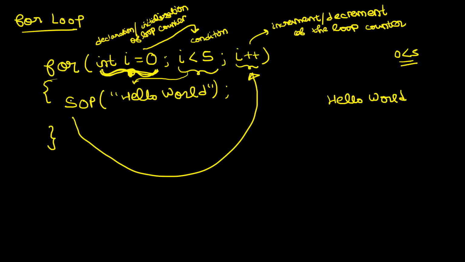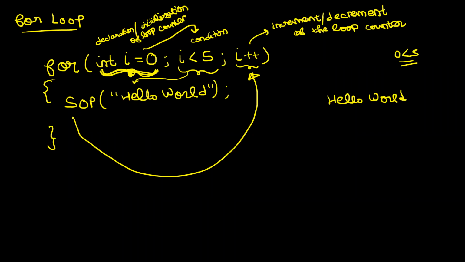Once you have executed all lines of code inside your for loop, you will go to the updation part of the loop counter. Now it is my time to change the loop counter. So what will happen? i plus plus. Now, what does i plus plus mean? It is a very simple way of saying, can you increase the loop counter by 1?